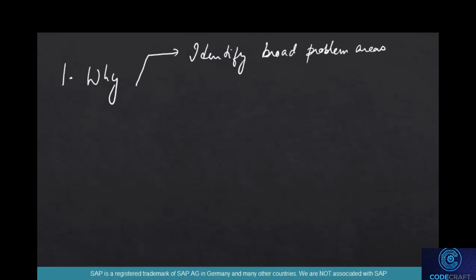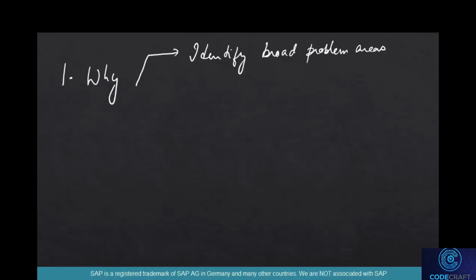The second reason is, even though an ABAP consultant can identify problems because he knows the code, he might not know each functional area. For example, SD has a different set of tables, different set of logic. MM has a different set of tables and a different set of logic.